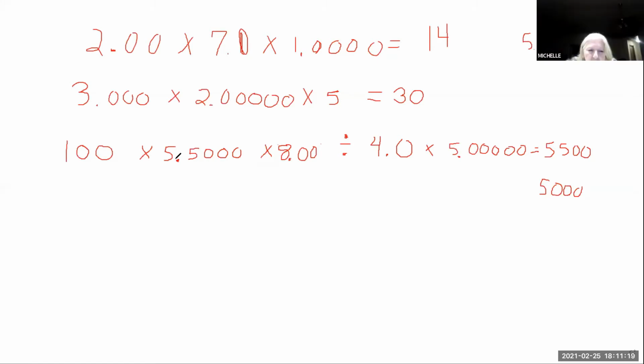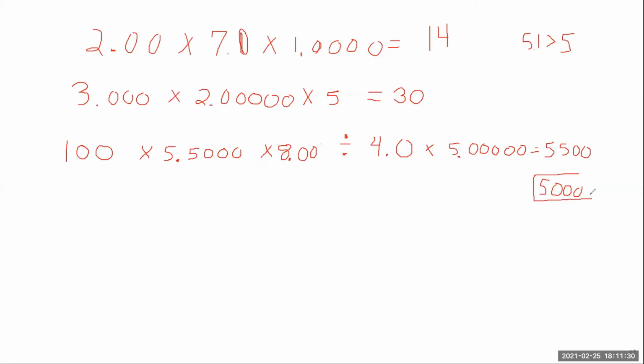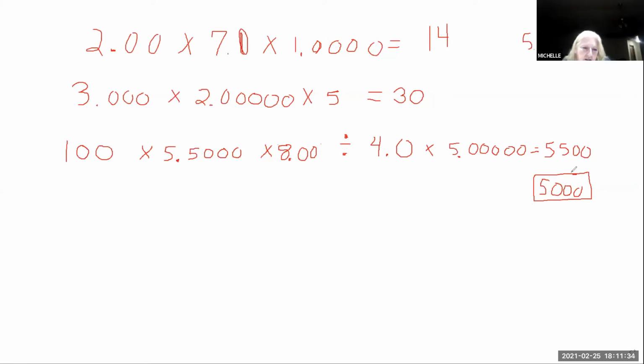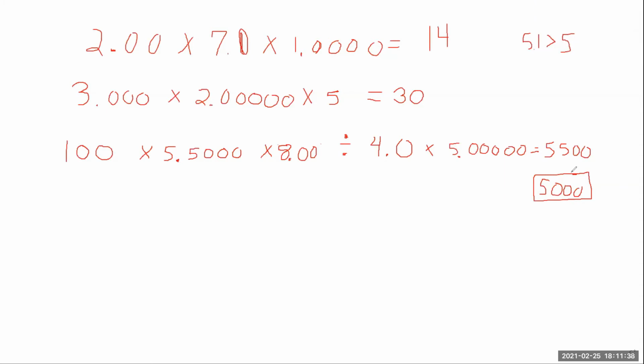It's still 5,000 because it only has one sig fig. Or you could round up. No, you can't. You'd have to make it 5,000. So my answer would be 5,000, right? Yeah. Piece of cake? Barely.